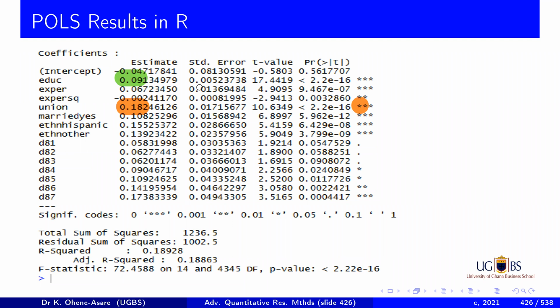Let me give it to Prince. Okay, Prince, you interpret that for us. Oh, Akute, sorry. Doc, what I think is that on average, holding all other factors constant, someone with an education is likely to get a 9% higher salary than someone who doesn't.